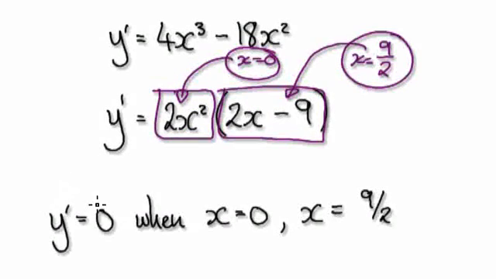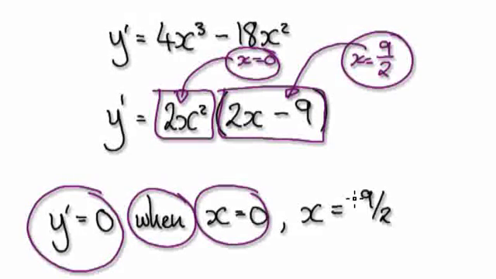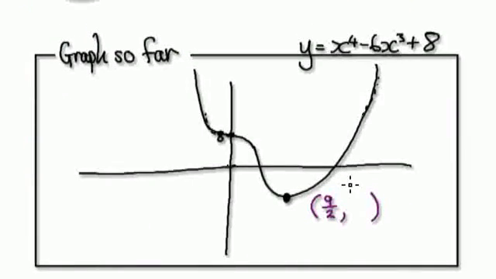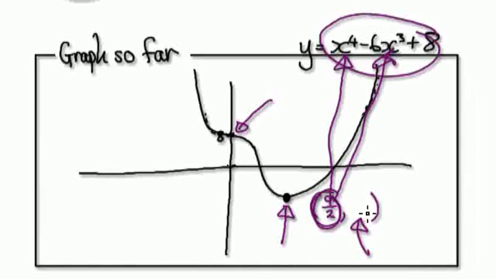So now we know that the gradient will be 0 here and when x equals 0. We know the x coordinate here will be 9 over 2. To find out the y coordinate here, we need to put this back into here and then into here, and then work out the whole thing.